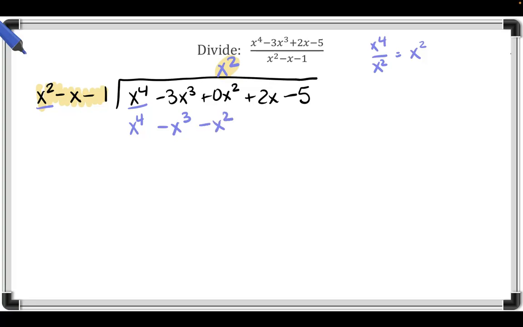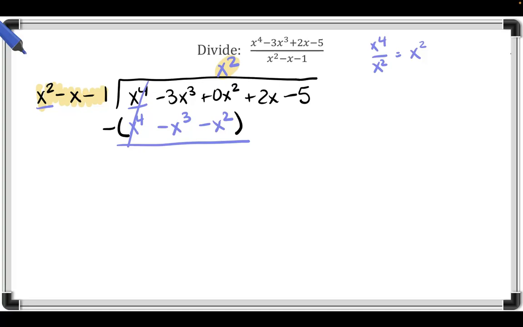Now, we're always going to subtract. I'm putting parentheses around there so you remember to distribute that negative sign, or change all the signs inside that second parentheses, which is pretty much like adding the opposite. So when we subtract this, my first term should cancel out to 0.